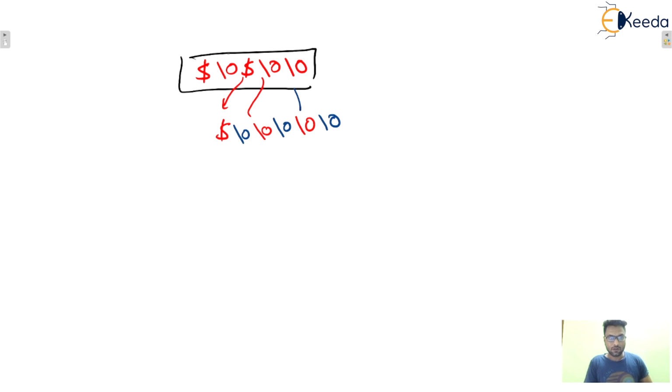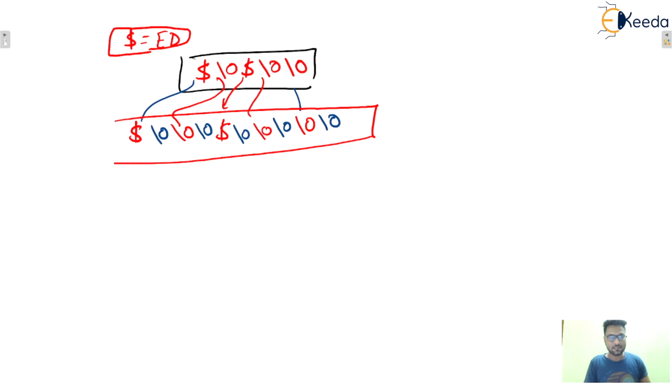Dollar is what? ED. Yes, I am assuming that ED is the special pattern, that is dollar. Next, again a null character is coming, so add a null character before this null character. Again dollar is coming, so before that add a null character.